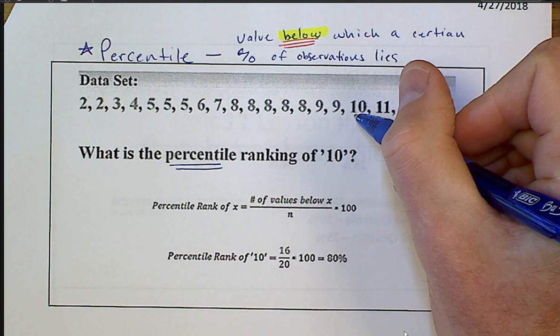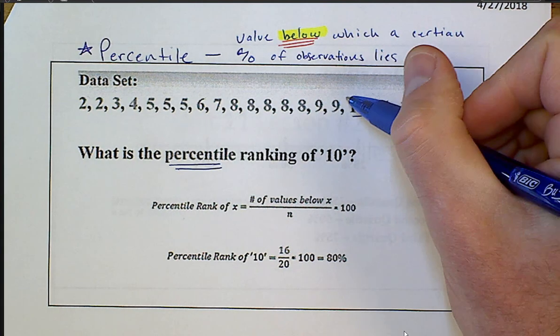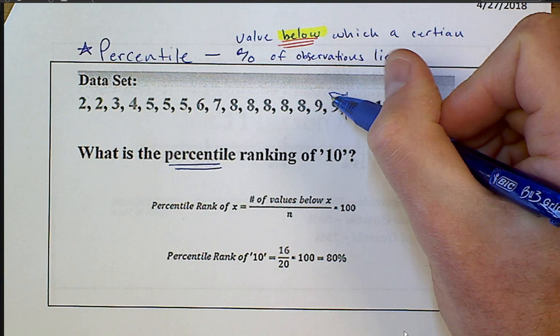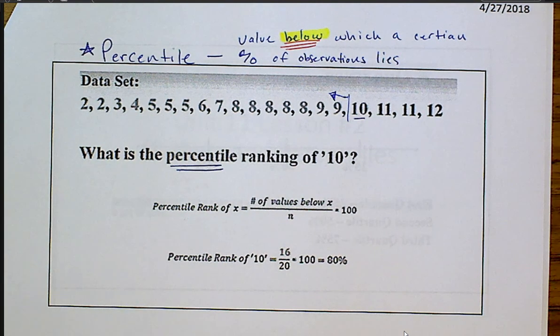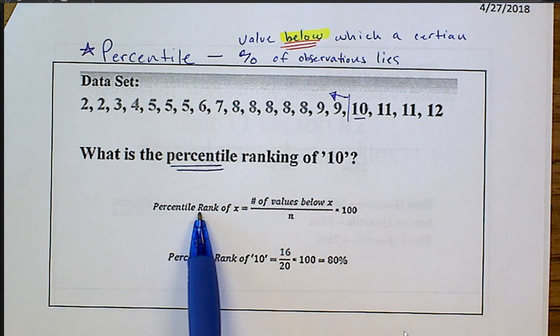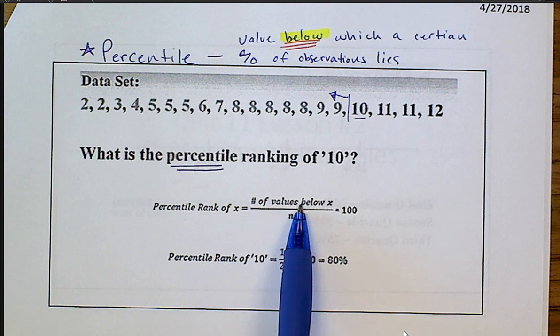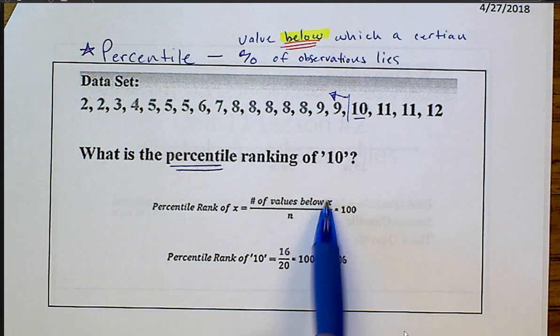So they want to know what percentage of numbers lie below 10. That's what it's asking you. So what you want to do to find the percentile rank is you take the number of values below the number in question, which is 10. So we would just count them up.